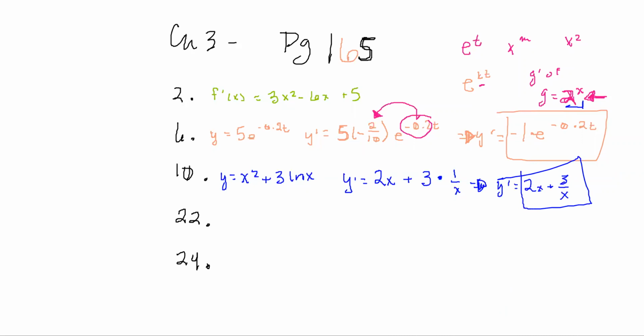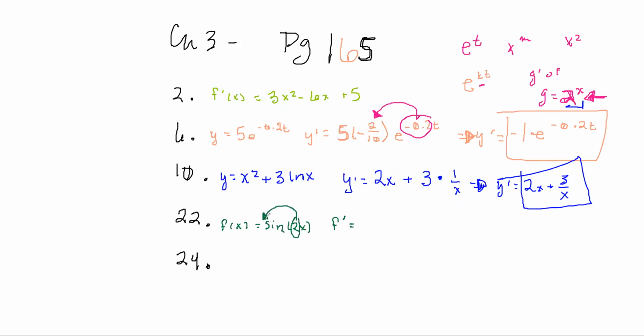This is 22. f of x is equal to sine 2x. What are we going to do? How are we going to find this? f prime is going to be equal to, what we're going to do is like we would do with chain rule.